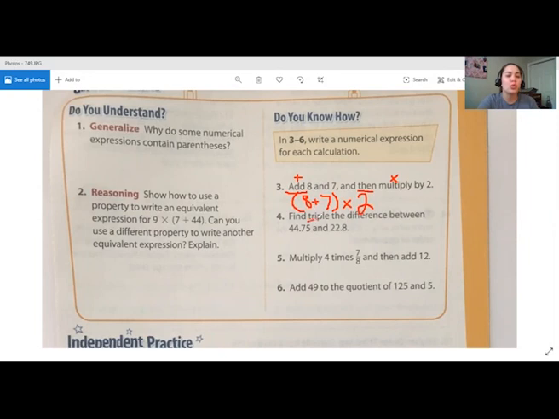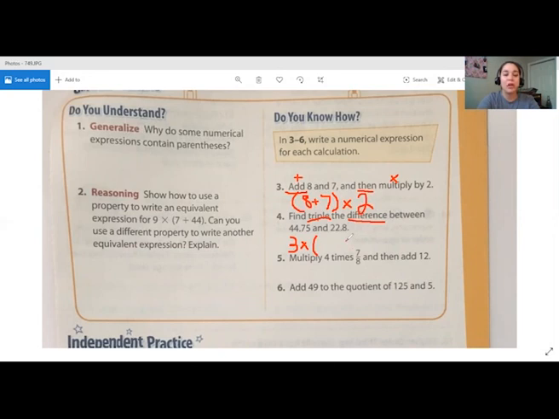All right, number 4. Find triple the difference between 44 and 75 hundredths and 22 and 8 tenths. Okay, so find triple the difference between. Let's go ahead and find triple. That means we're going to do 3 times. The difference between, difference is a keyword that tells us we are going to subtract.